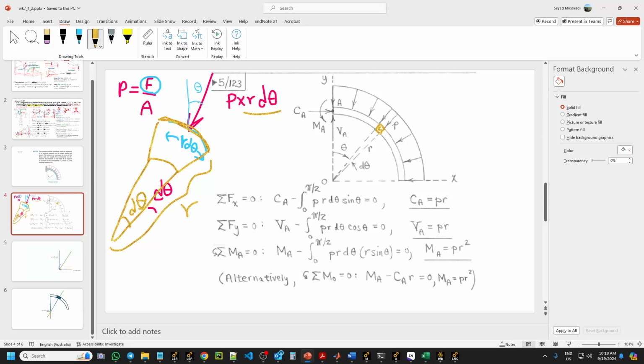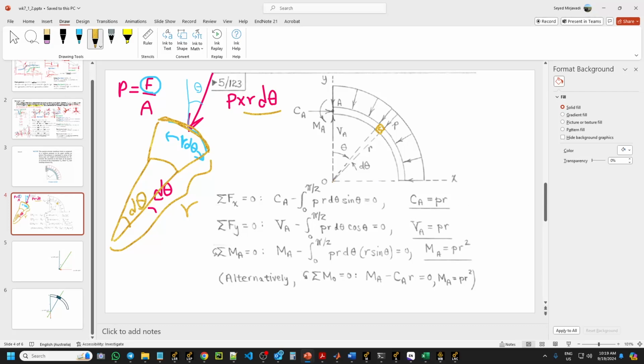It is theta. Oh, I forgot something. You might ask, where should we put the origin, or where should we put the x and y components? When you see a circular part, every circular part has a center because it is part of a circle.